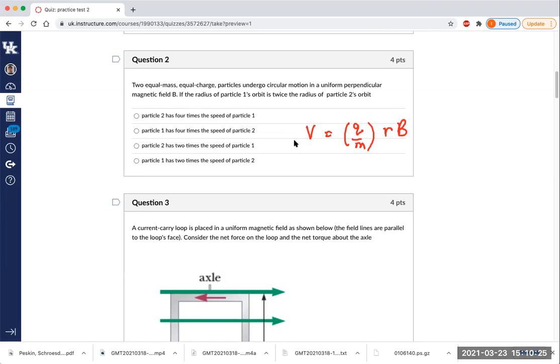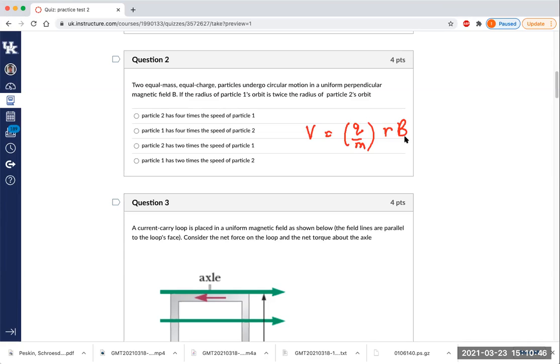So in this equation, Q and M are the properties of the particle. So the charge and the mass. And in this case, the two particles have the same properties, same charge, same mass. B is the magnetic field. In this case, the two particles are in the same magnetic field.